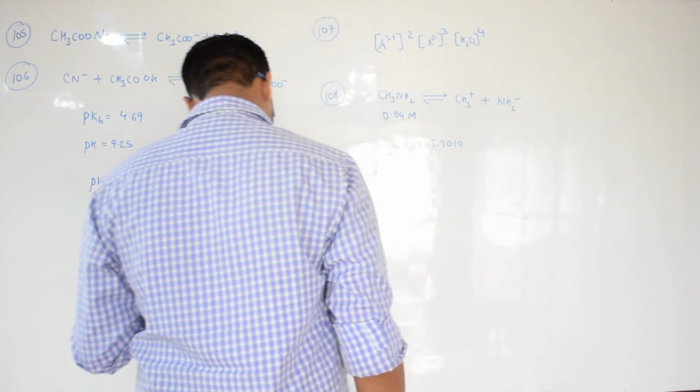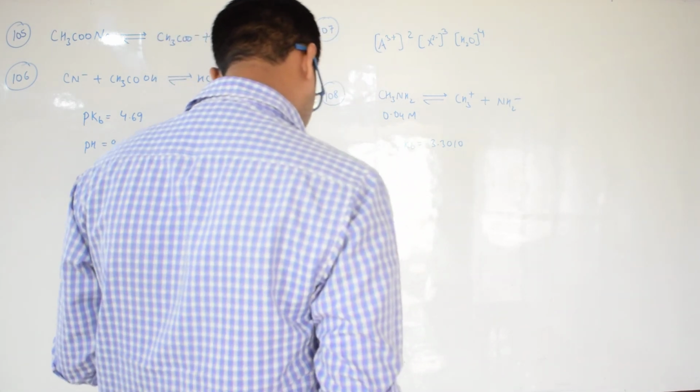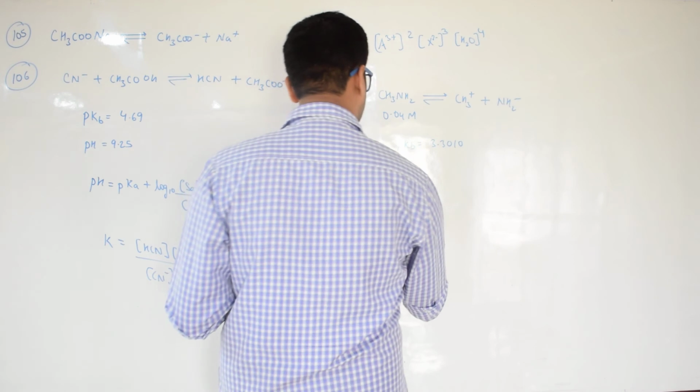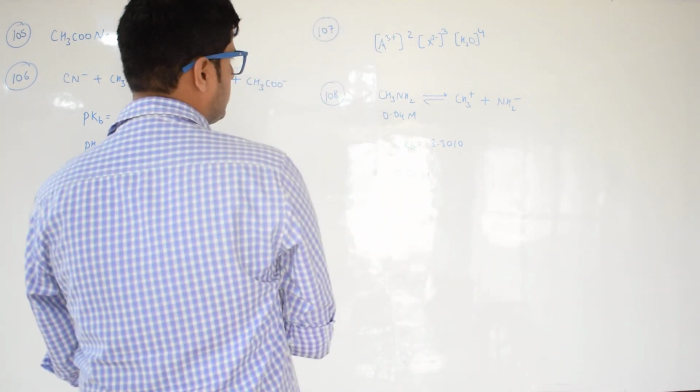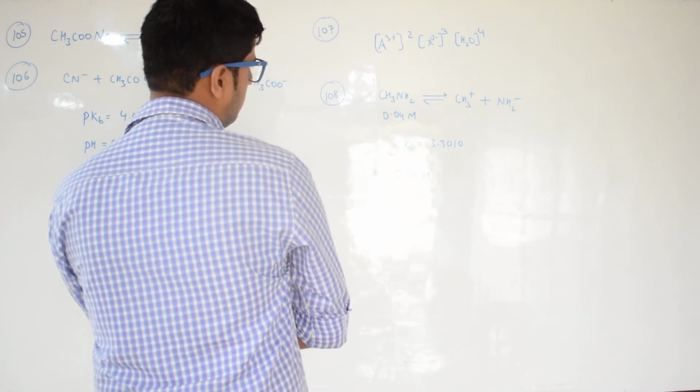We have to reduce its molar concentration to half, means we have to make the concentration 0.02 molar. We have to dilute and calculate the change in pH.